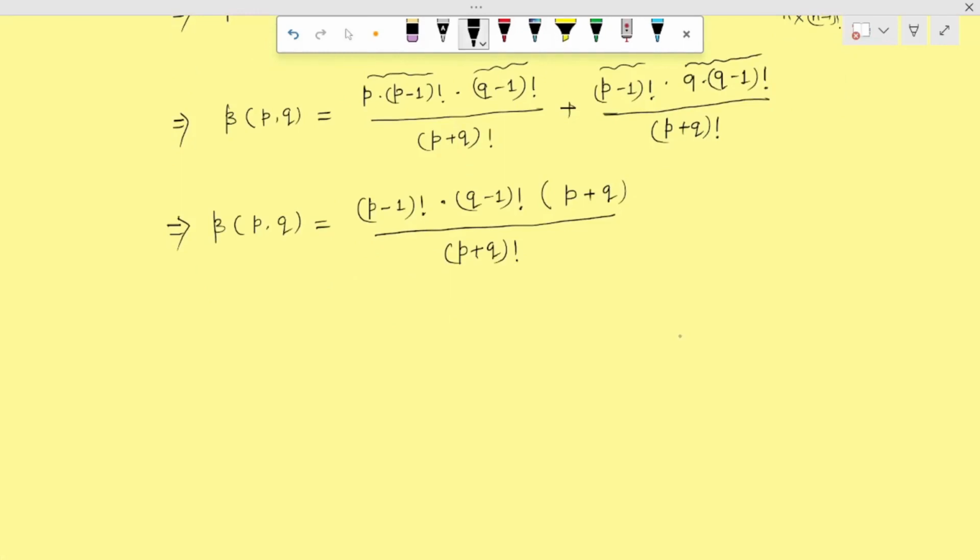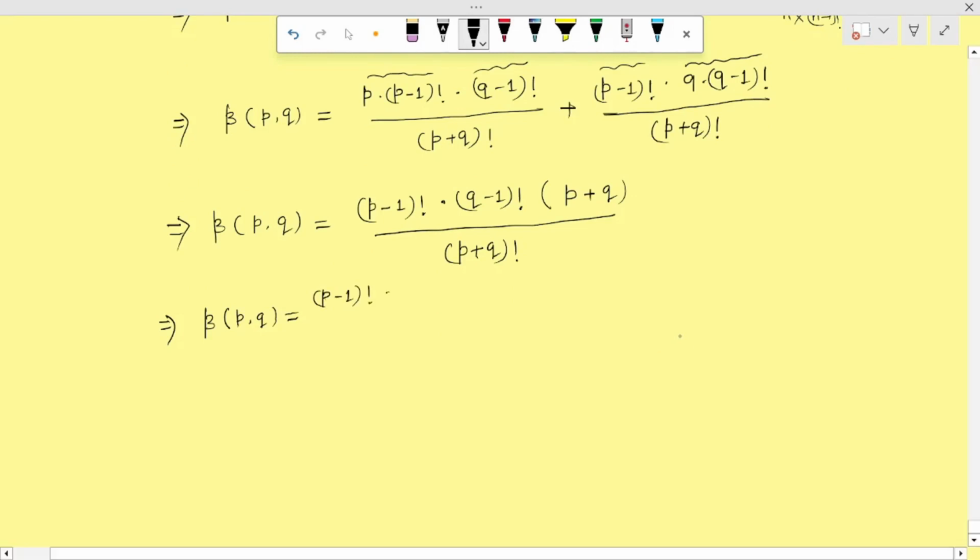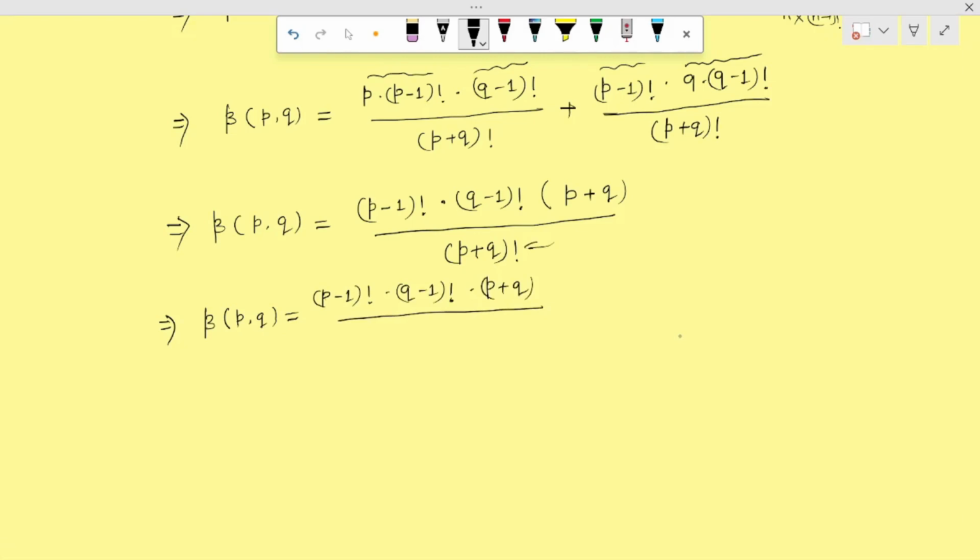That implies beta(p, q) will be (p-1) factorial into (q-1) factorial into (p+q) by, here this one, (p+q) factorial can be written as (p+q) into (p+q-1) factorial.